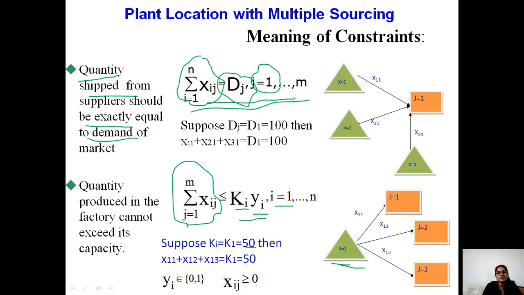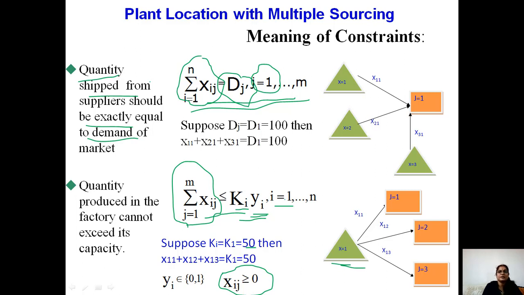Whereas if yi is 0, say for example in this case for the first plant it is 0, yi can take only 2 values, 0 and 1. If it is 0, these terms become 0. So the total quantity shipped from that plant should be less than or equal to 0, equal to 0, which says that the plant is closed. Less than 0 is not possible because Xij should be either greater than 0 or equal to 0.